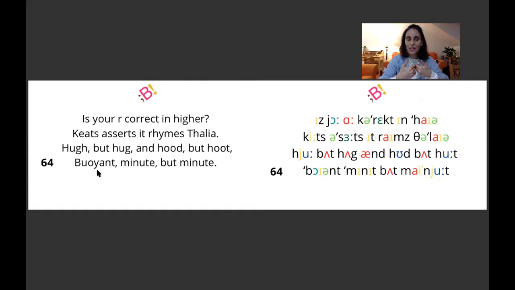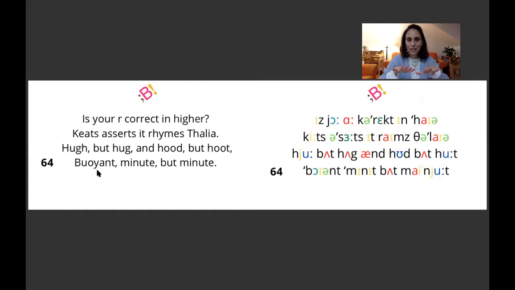Keats, poeta, Keats asserts, it rhymes the liar. Hugh but hag and hood but hood. What's the difference here? The difference is that hood is short and hood is long. That's why they put the U with the 2 dots.